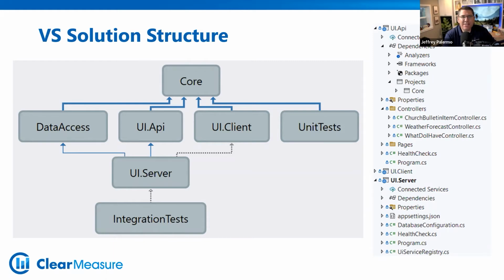It has all of our entities, it has our data access interfaces, and our user interface code does not have a reference to data access. It has a reference to core, to the abstractions. And then we use the services collection, inversion of control, to get implementations of those interfaces, which, by the way, happen to be classes in the data access project, which implement those abstractions interfaces that are in the core project.